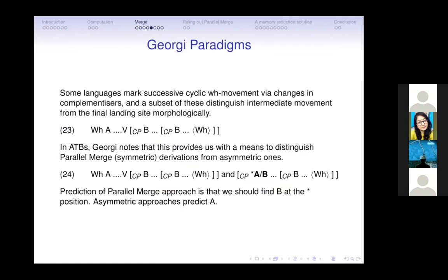I'm going to briefly go through some really cool examples discovered by Doreen Georgi from a bunch of African languages, one of which I'm working on myself just now, the language Kɛdaraka. Now, some languages, when you do a long distance WH expression like, what did you think that David was reading? So you've got an extra clause in there.